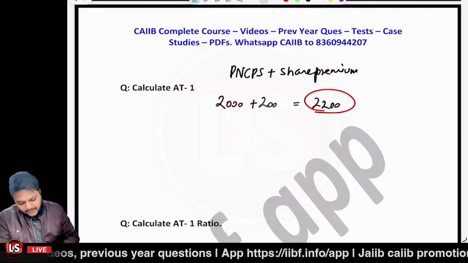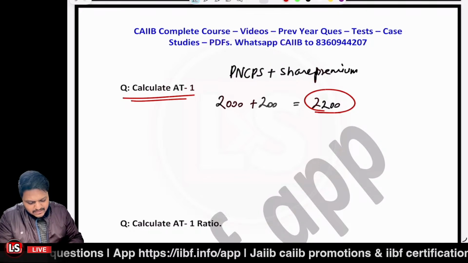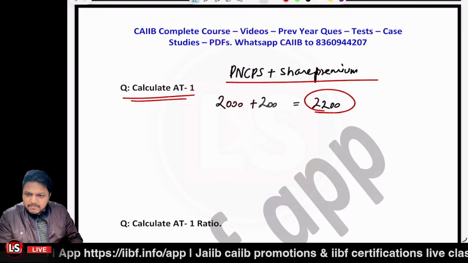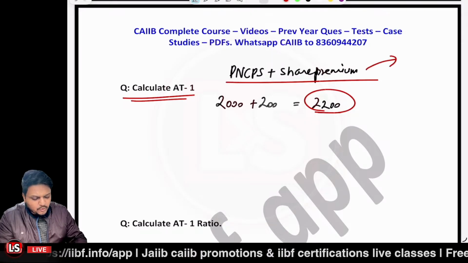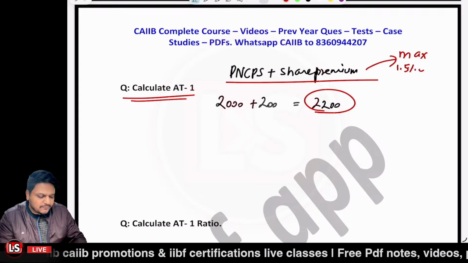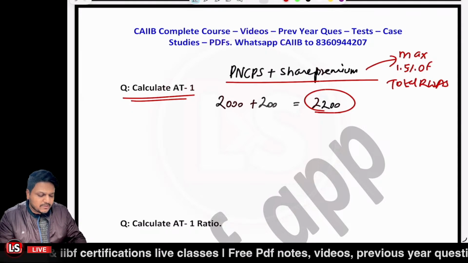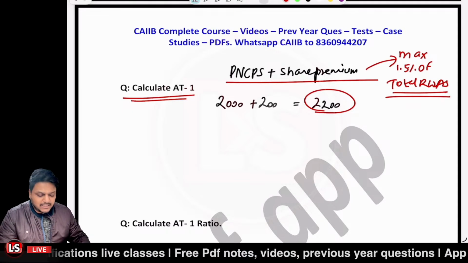Because I told you that in case of AT1, PNCPS and share premium of PNCPS are to be restricted up to a maximum of 1.5% of total risk-weighted assets. Whatever the total risk-weighted assets, it is to be restricted.